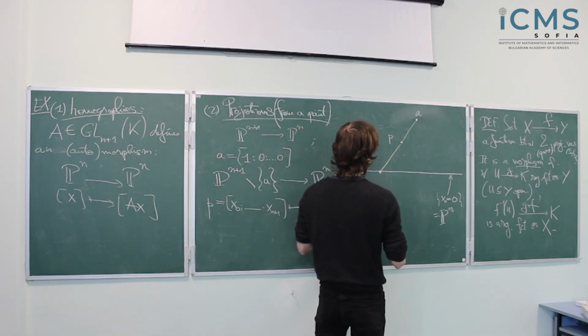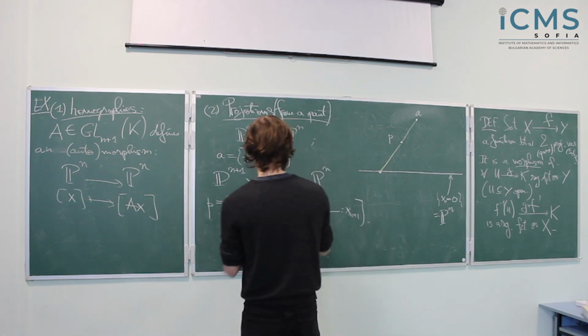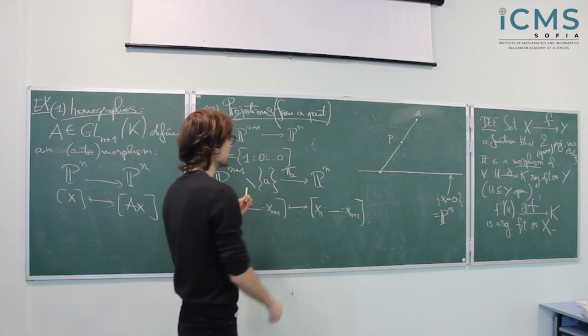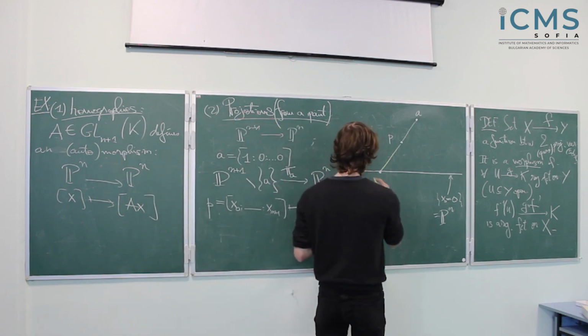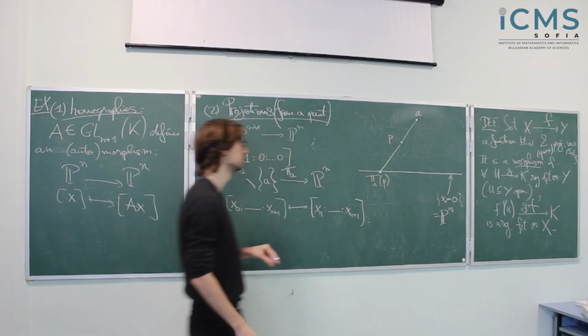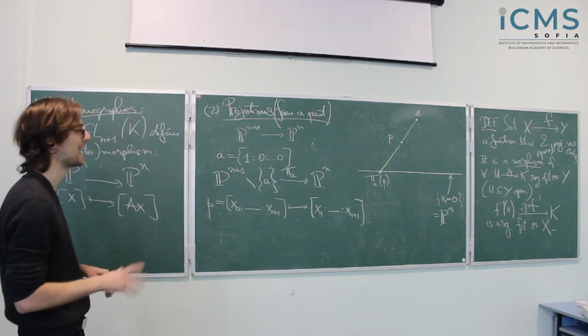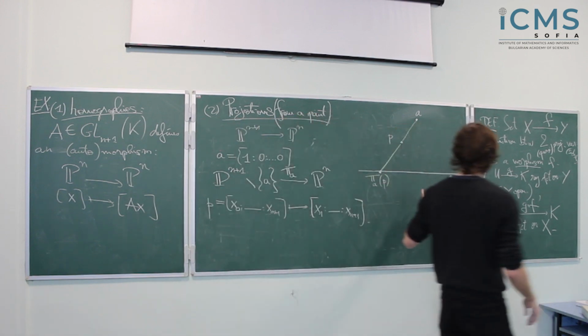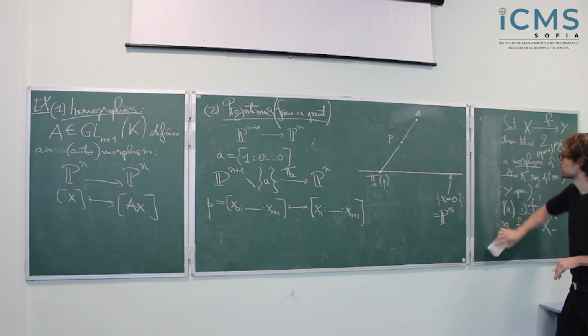I'll just call it pi of A, and so this will be pi of A of the point P. So this is how I define this projection.